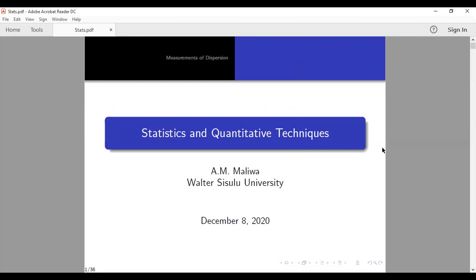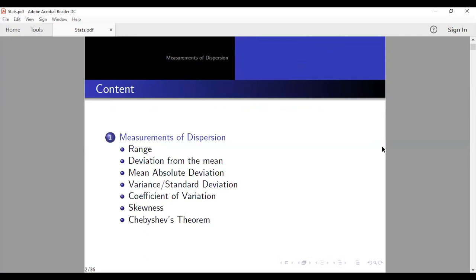Today we'll be doing some measurements of dispersion of ungrouped data. Now, we will focus on range, deviation from the mean, what it means to deviate from the mean, absolute deviation, the variance and standard deviation, the coefficient of variation, skewness, and Chebyshev's theorem.